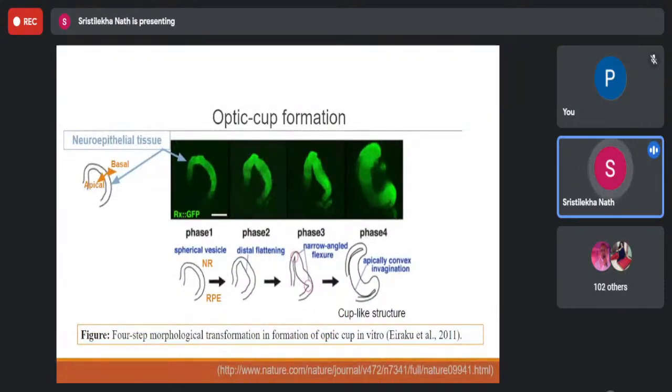In phase 4, they found that the optic cup like structure was obtained by further invagination of the NR tissue. So it was the general biochemical experiment that outlines the phases of optic cup formation.